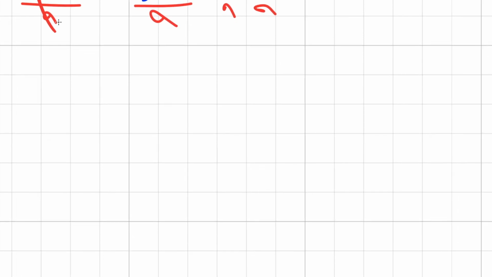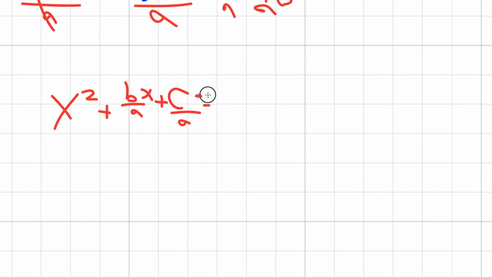Okay, so here's our equation. Now 0 divided by a is just 0, right? C divided by a and bx over a is kind of hard, so we're going to ignore that for now. Let's simplify this, so it's x squared plus bx divided by a plus c over a equals 0, right?